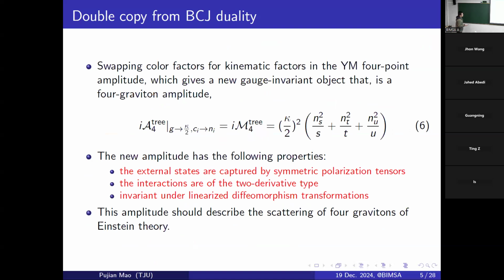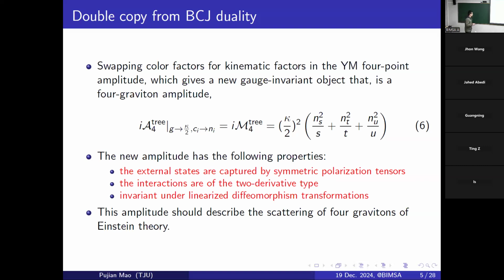Once you do that, you find the result is also an amplitude. There are some nice properties. The external states are captured by symmetric polarization tensors, somehow like a spin 2 particle.